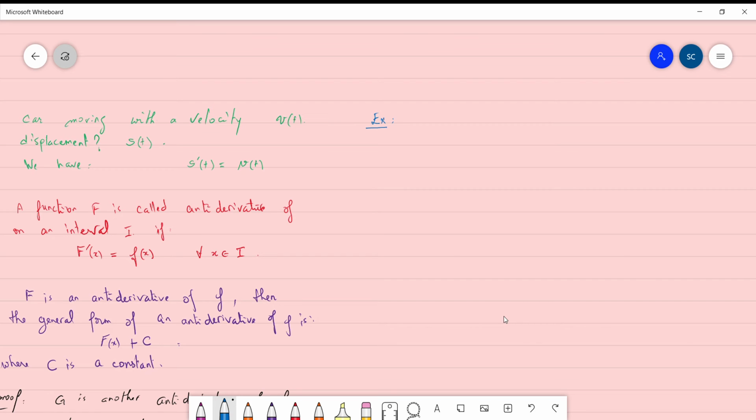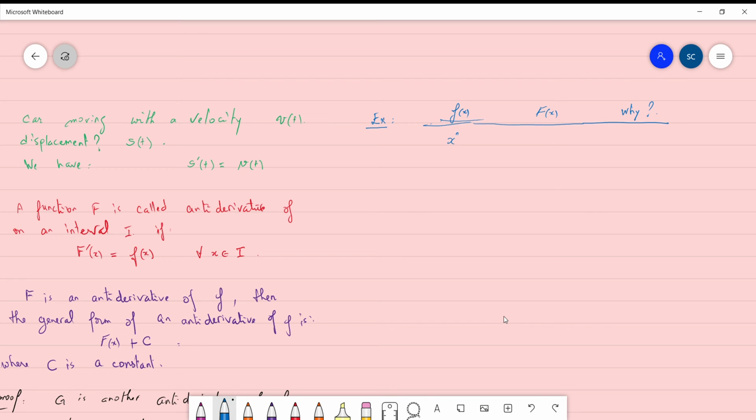Let's make a table of functions f, suggest a capital F, an antiderivative, and then justify why. The first one, for example, is a power function, x to the n.